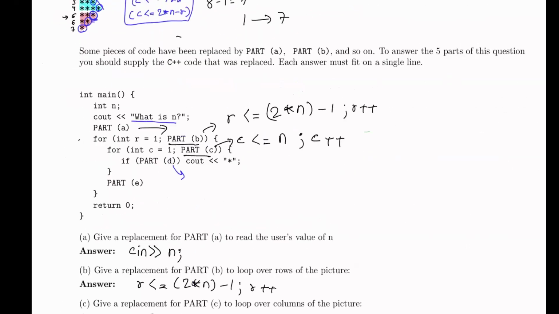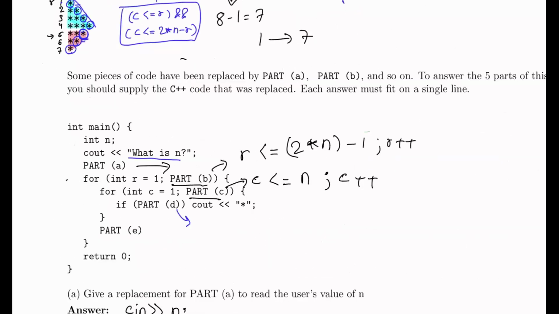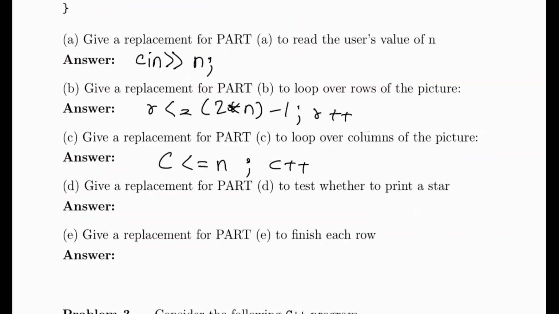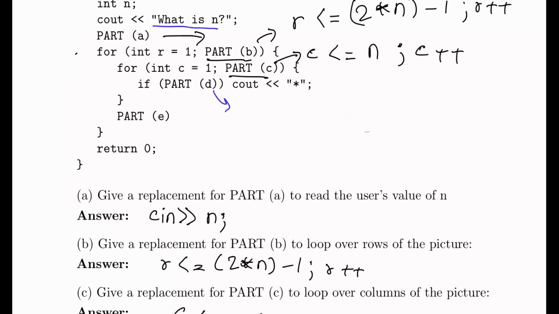So the condition will be, let's write here, C is less than or equal to row, and C is less than or equal to 2 times n minus row.